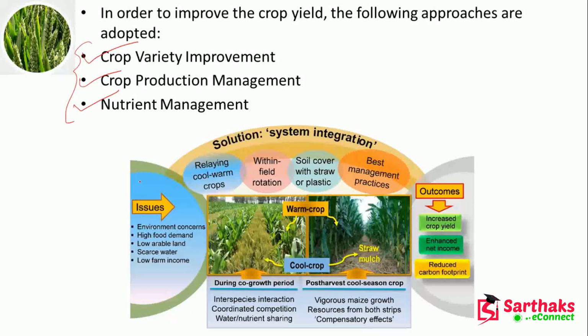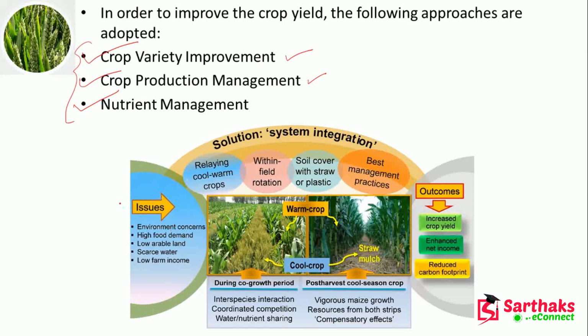Now, suppose here you can see that the crop variety improvement we have already studied, and crop production management is also important, and nutrient management is also important. So some issues are there, like environmental issues, high food demand, low arable land, scarce water, low farm income.